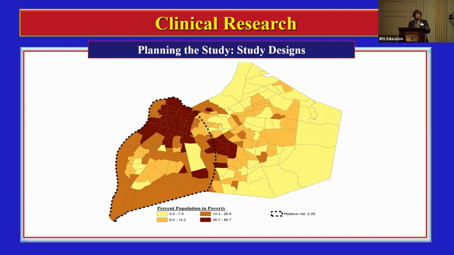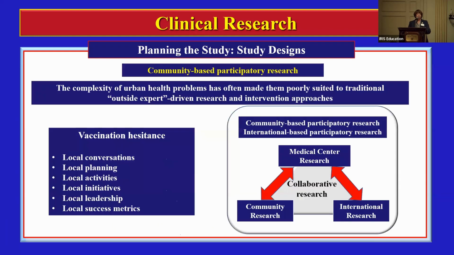So in this, we may want to be thinking about how might poverty impact not only our ability to perform a study, but how might poverty be one of the aspects of our research question if we are thinking about the effect of an intervention or a long-term research plan. So I want to take the whole, we've all been talking a lot about vaccination recently, haven't we?